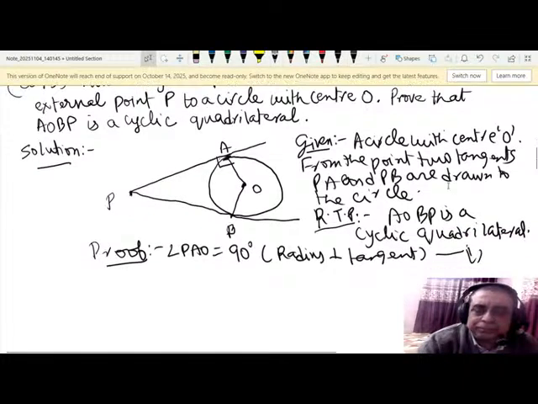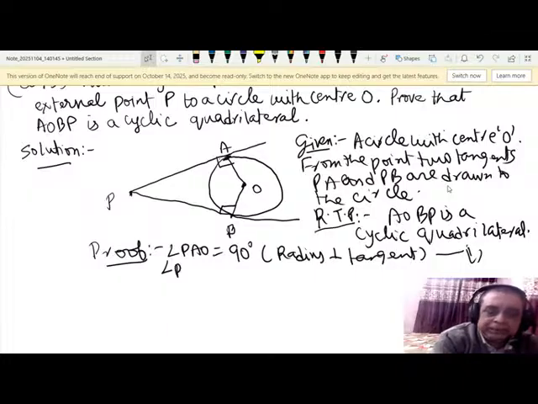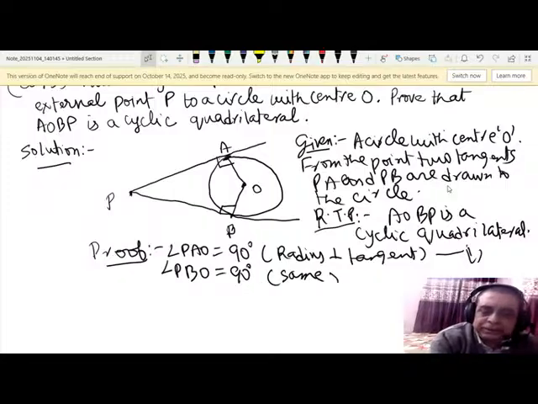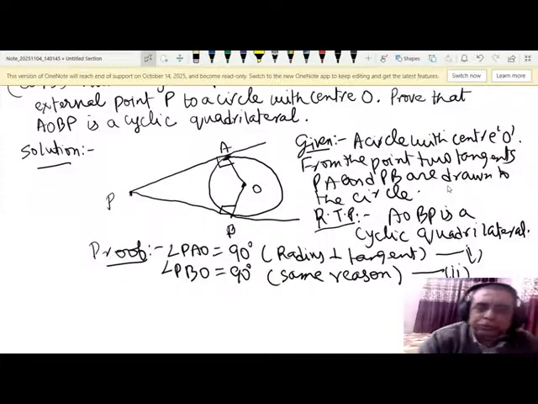Similarly, here angle PBO is also 90 degrees. It is the same reason. Okay, if the reason is repeated, you write same reason. No need of writing the same thing again. Okay, this is allowed in geometrical proofs.